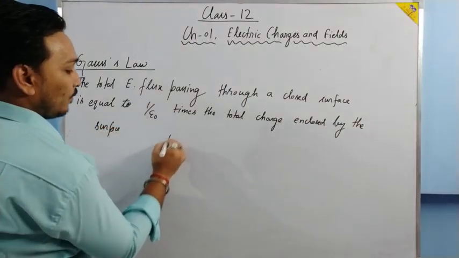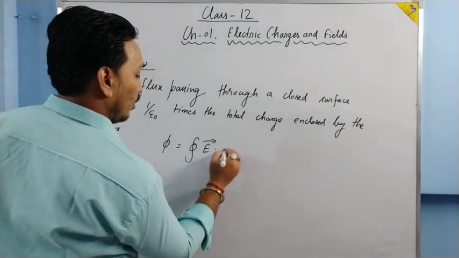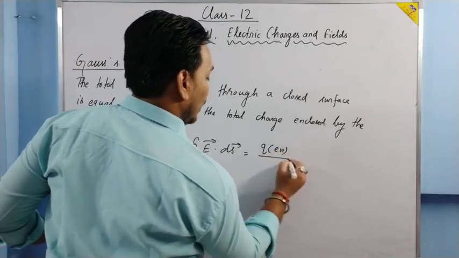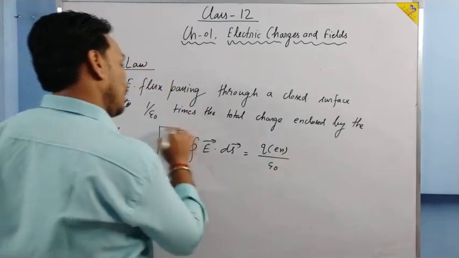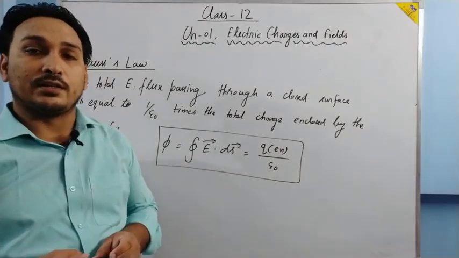That is, phi is equal to surface integration of E vector dot dS vector, which is equal to Q enclosed upon epsilon naught. So this is the Gauss law, which we have studied in the last lecture.